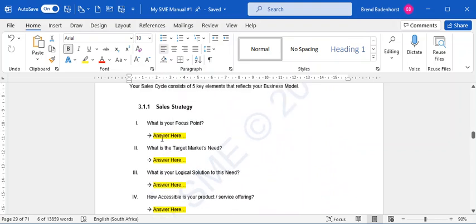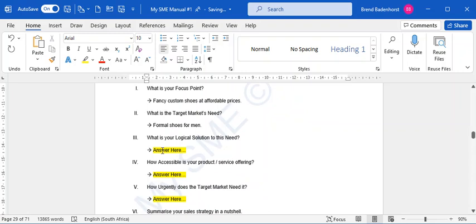Number 1, what is your focus point? The focus point is fancy, custom shoes at affordable prices. That is the focus. The target market's need is formal shoes for men. That comes from our market research.